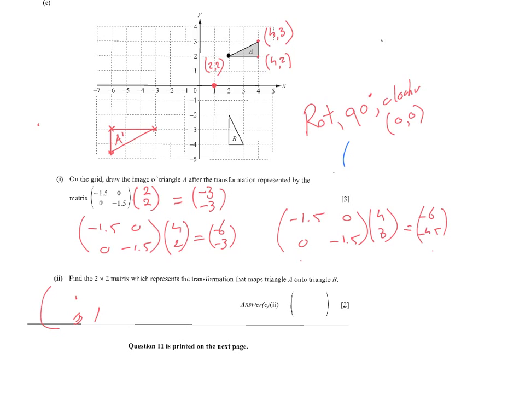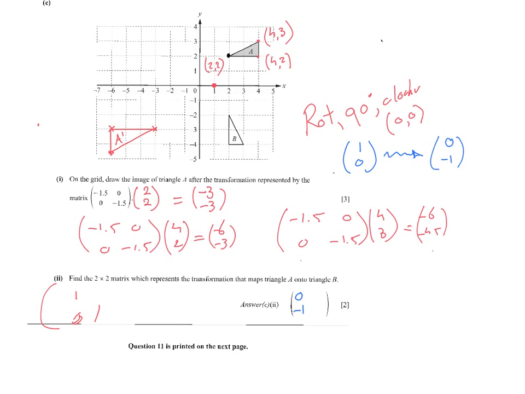I'll do it in blue, always for point 1, 0 first. Now after a rotation 90 degrees clockwise, this point is going to be over there at point 0, minus 1. So that point will be at point 0, minus 1. Okay, and that 0, minus 1 is the first column of the matrix.